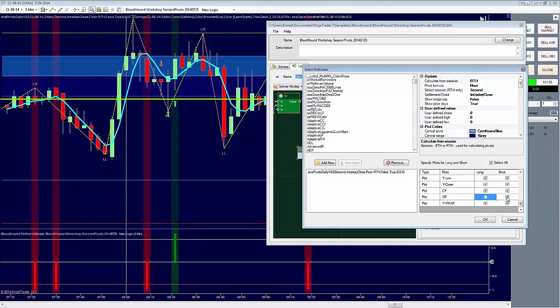Because really all that directional pivot is a mirror of the central pivot on the opposite side of the pivot point. All right, I explained that before. Remember, that directional pivot is just the opposite of the central pivot on the other side of the pivot point. So I'm going to take that one off.